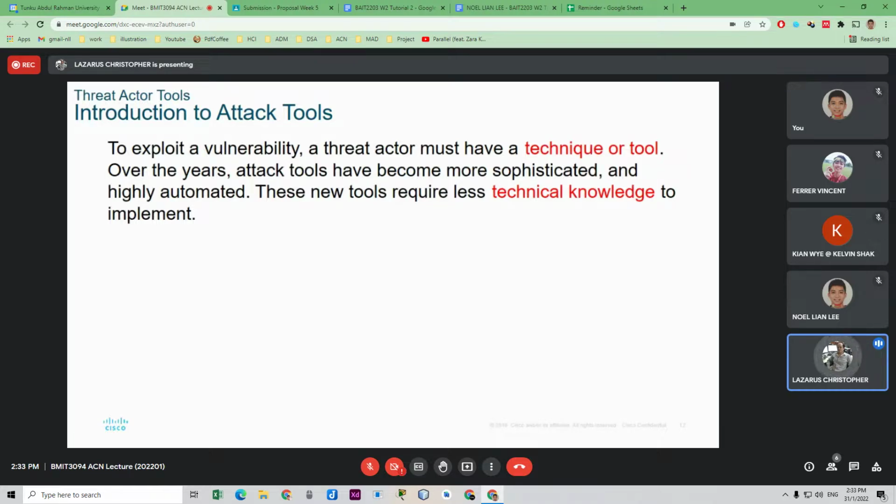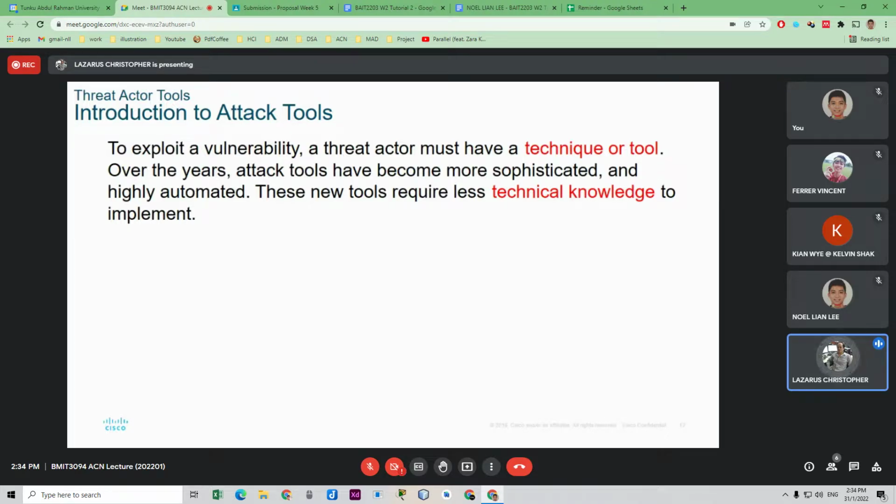All right, so a threat actor usually will use a technique. Either they learn the technique themselves, create the technique themselves, or get it from somewhere else, or they use specific tools. Tools here are most probably software tools. Over the years, the attack tools have become more sophisticated and automated.